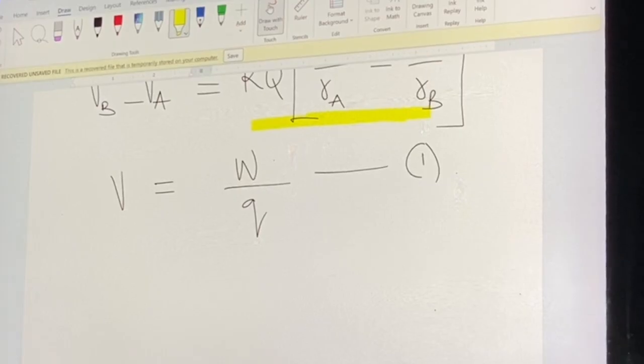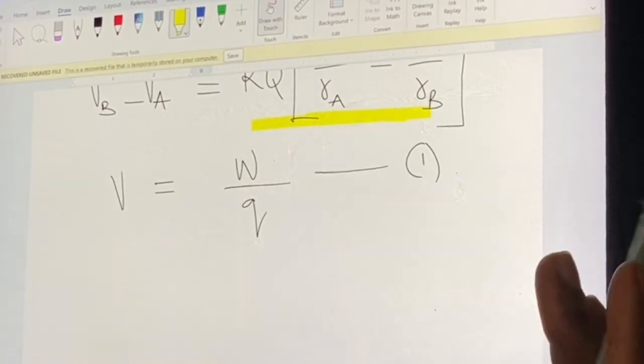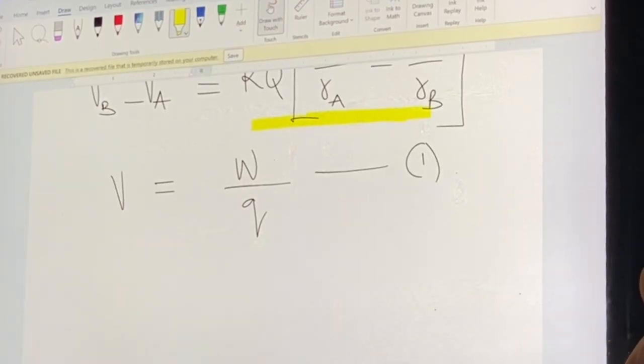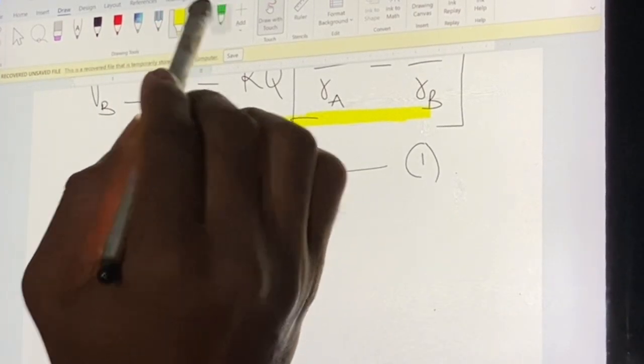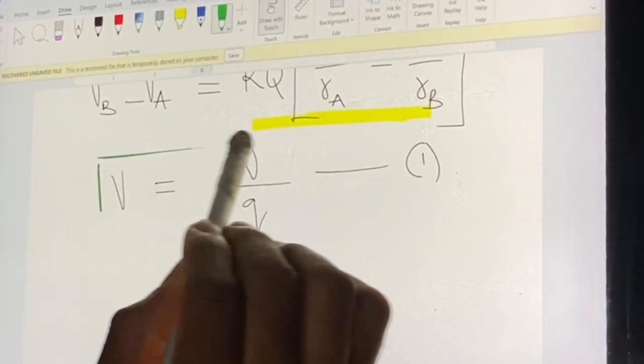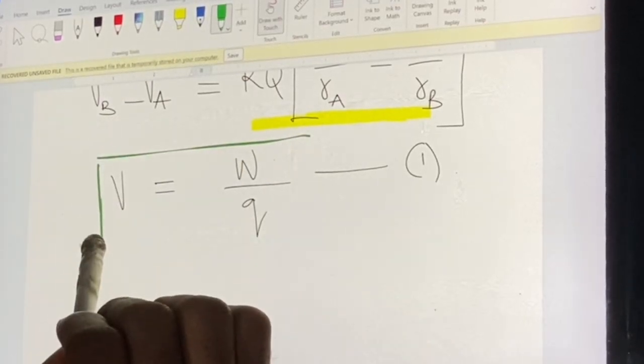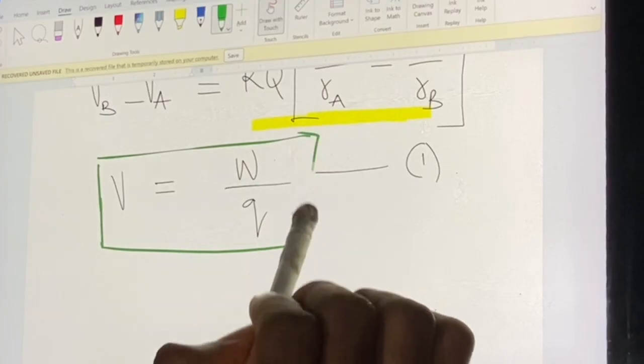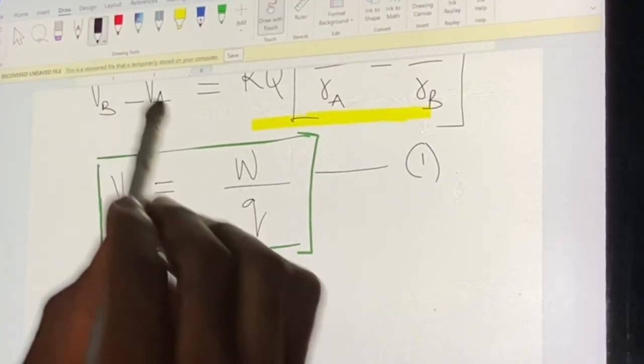From equation 1, the only parameter that can relate distance is work done. Please take note.